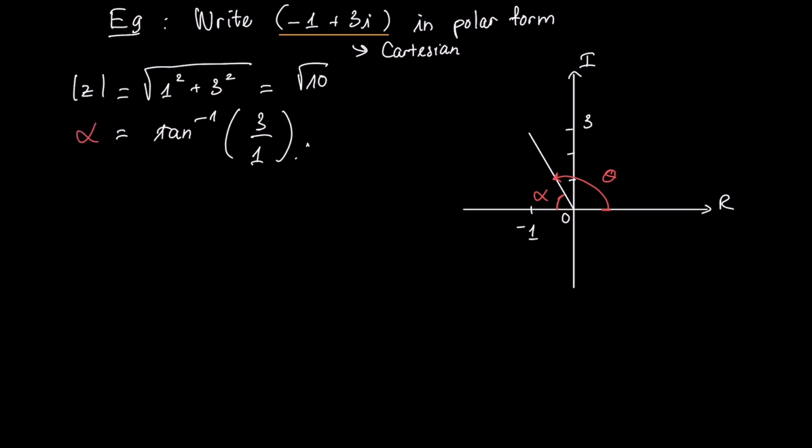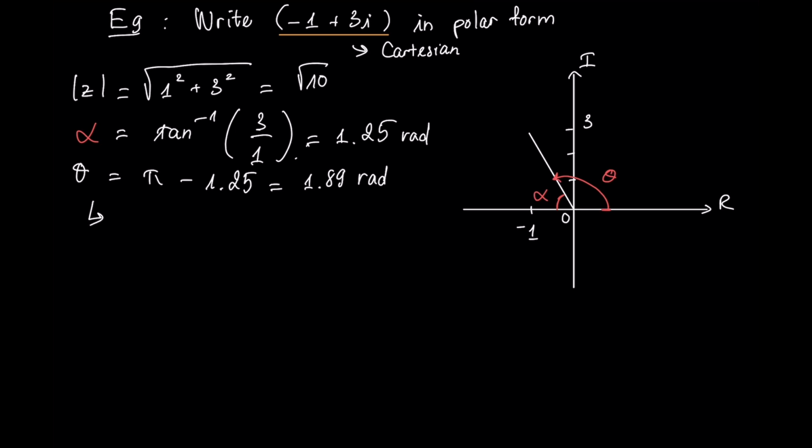So let's remove this and put in alpha is equal to tan minus 1 of 3 over 1, plug it in the calculator, we get 1.25 radian. So theta will be equal to pi minus 1.25 radian, which is equal to 1.89 radian.